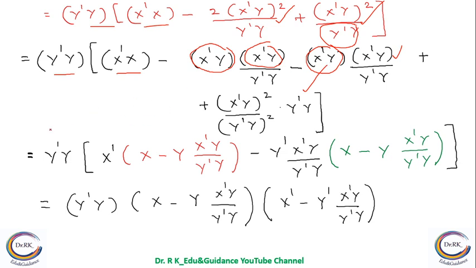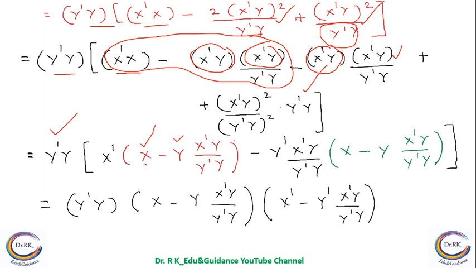So y transpose y. Now we'll take x transpose common from this. If we take x transpose common, so x minus y into x transpose y by y transpose y, right? From these two terms, we took x transpose common.